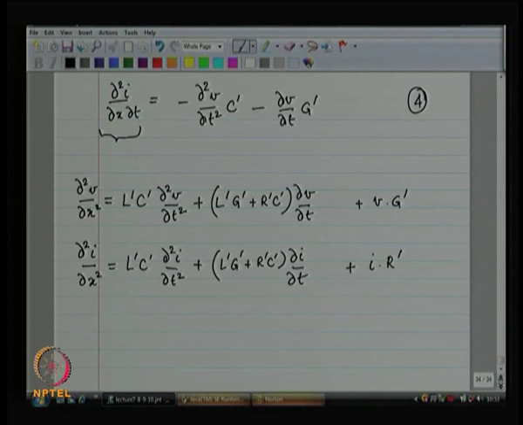Let us say, to start with, that the resistance per unit length and the conductance per unit length are both equal to 0. Let us simplify matters and say that R prime and G prime are both equal to 0. So, when R prime and G prime are both equal to 0, then this term is missing, this term is missing, and of course, these two terms are also missing. Now, does this equation remind you of anything?